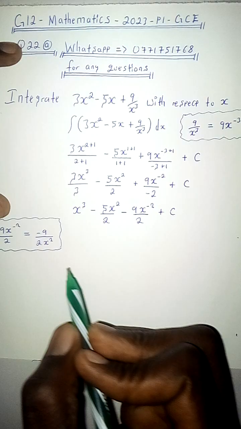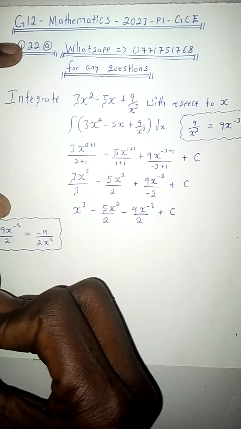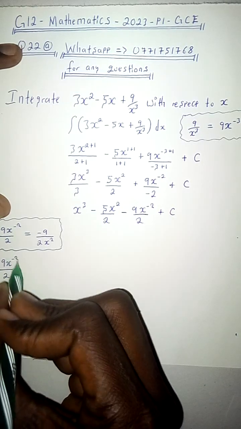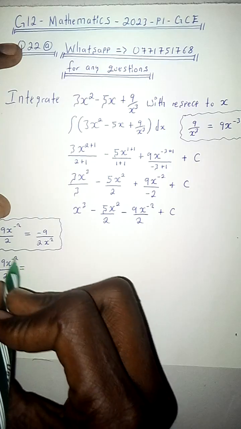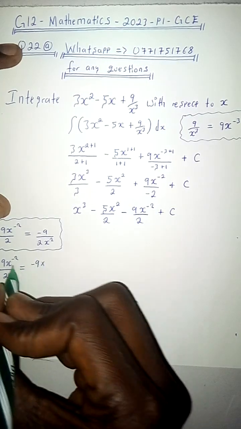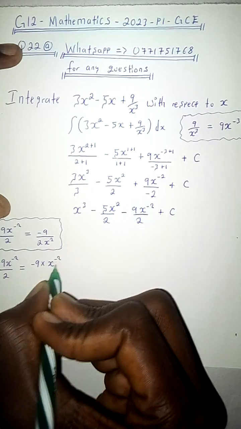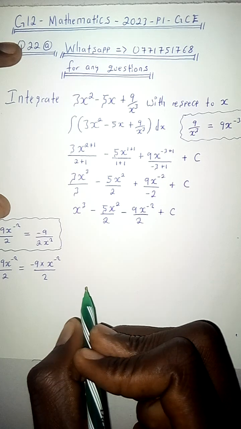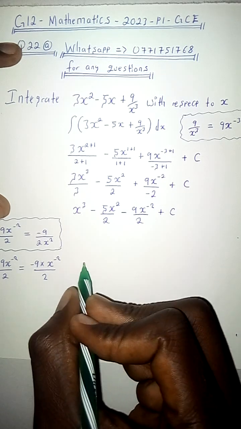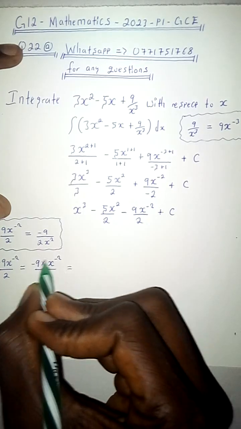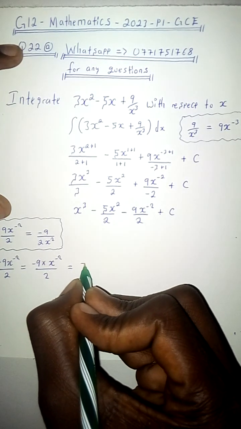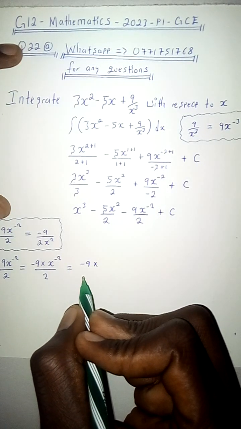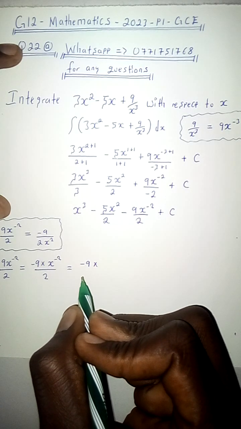What does this simply mean? Well, we have our negative 9x to the power negative 2 over 2, right? So this thing can also be written as negative 9 multiplied by x to the power negative 2 over 2, right? Yes. Then this is equal to negative 9 multiplied by, when we have a negative power, for us to get rid of that negative, what do we do?